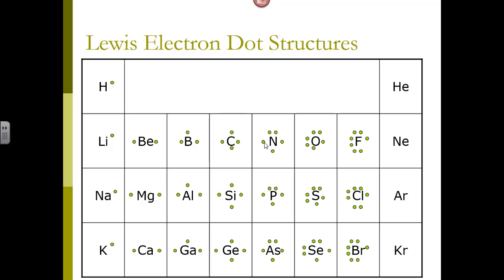Now this last column is going to be a little bit different. Helium, we know, has how many electrons? 2. So we draw 2 electrons for helium, and we pair them together. The reason we do that is to differentiate helium from beryllium. Helium is a noble gas, so even though it doesn't have a stable octet because it only has 2 electrons, it's still pretty happy the way it is.